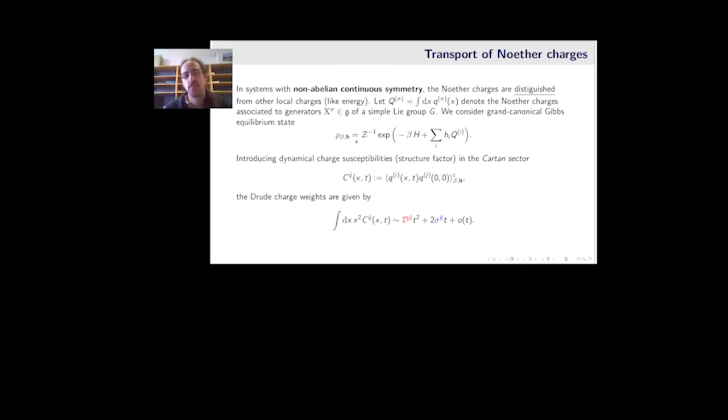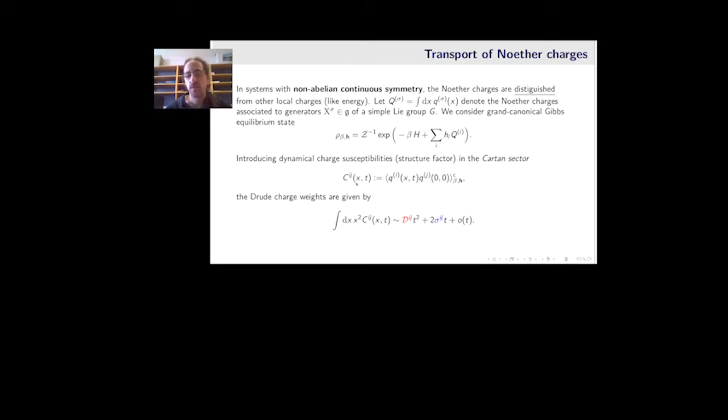To do that, we can construct an equilibrium state, a density matrix, which besides the Hamiltonian also includes all these charges with the associated chemical potentials mu_i. Here i runs over all the Noether charges. Or in fact, what you include in this ensemble are not all the Noether charges, just the Cartan set of the Noether charges. If the algebra G has rank R, then we have R of them over here.